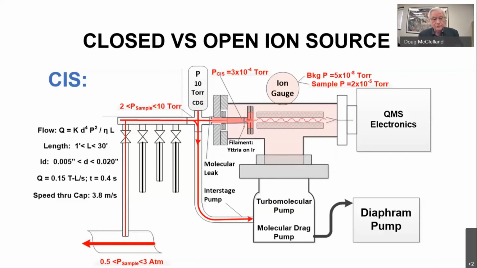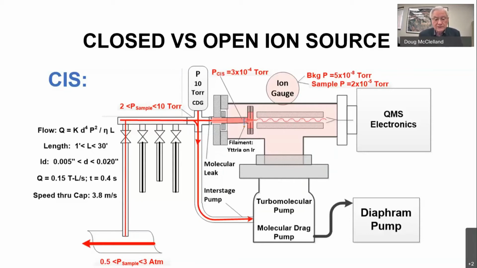The gas goes through the capillary up to a manifold, which is at a pressure of about 2 to 10 torr, and then the gas is drawn into the interstage of the turbomolecular pump.